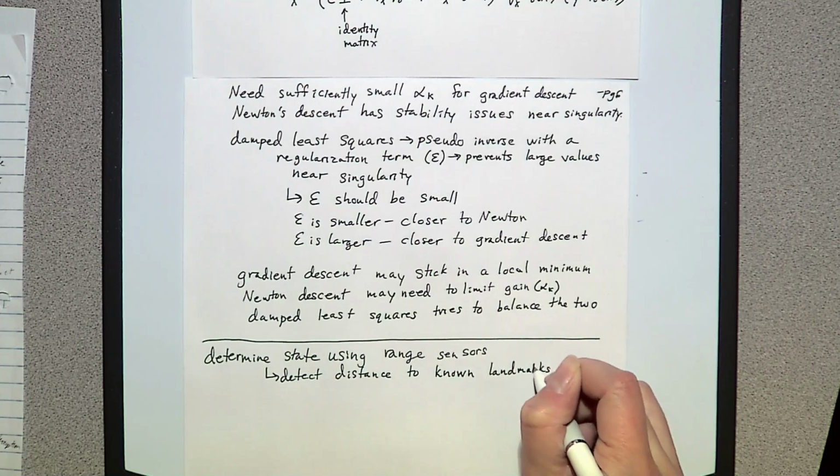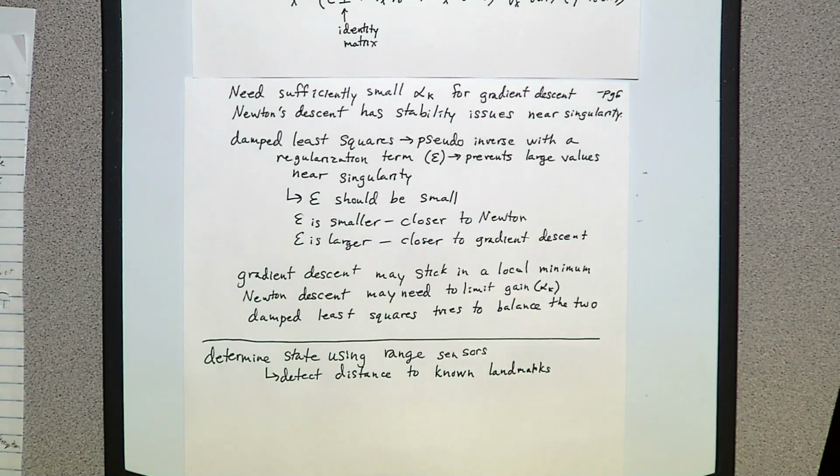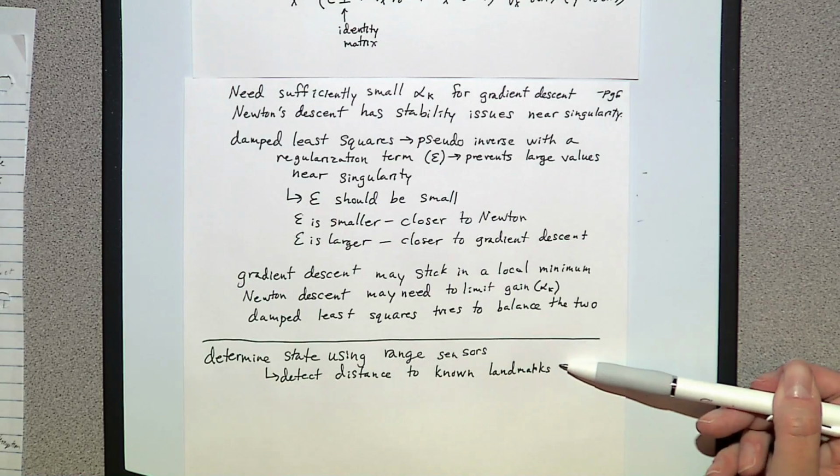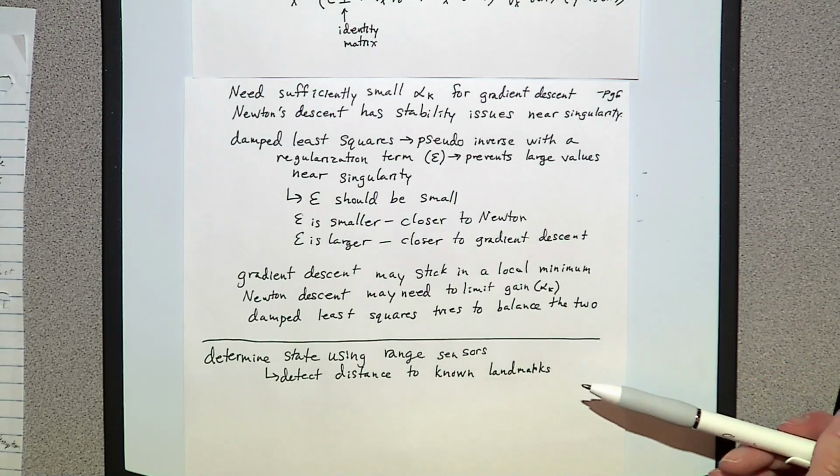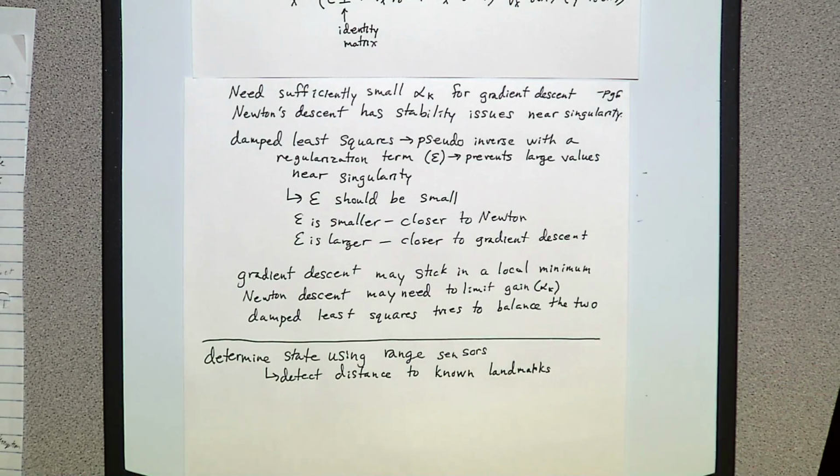We'll talk about landmarks a little more when we talk about maps, but basically these are things in the environment where we know the exact position of them, and we know where they are relative to each other on the map. And so we're going to assume that we have some range sensors which can tell us the distance to these known landmarks.